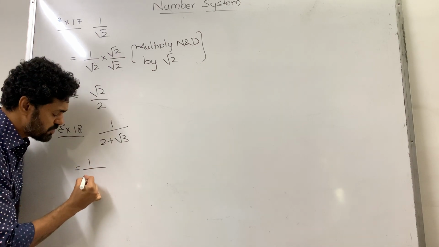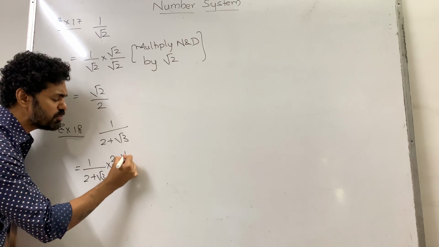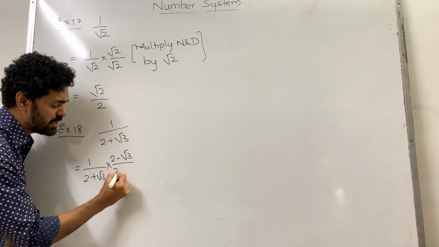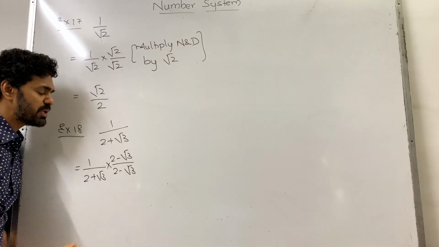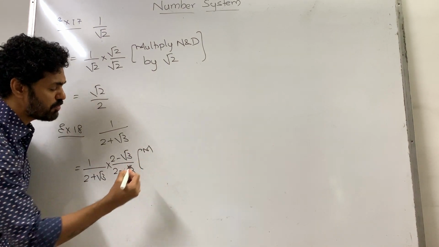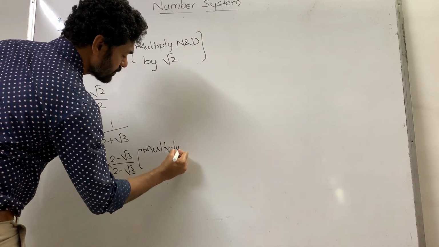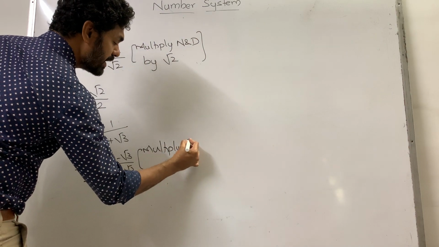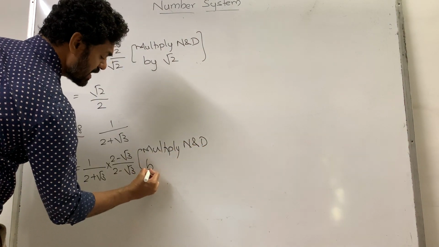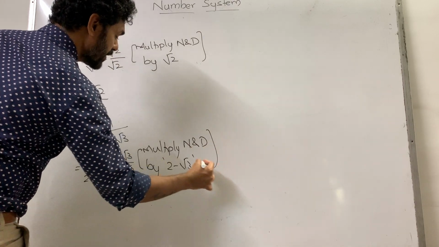So if this is 1 by (2 plus root 3), we know we cannot multiply 2 minus root 3 only to the denominator. So you are going to multiply it to the numerator as well as denominator. Here write in the bracket what is the step? So multiplying numerator and denominator by 2 minus root 3.